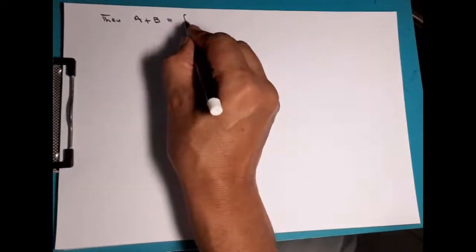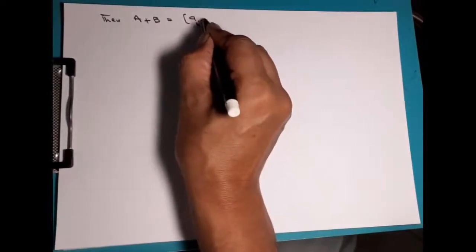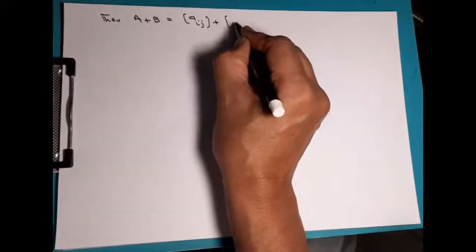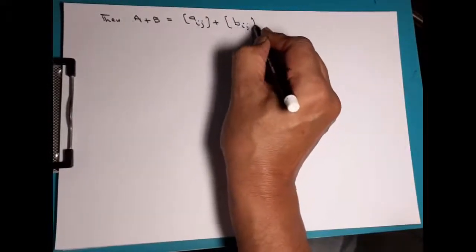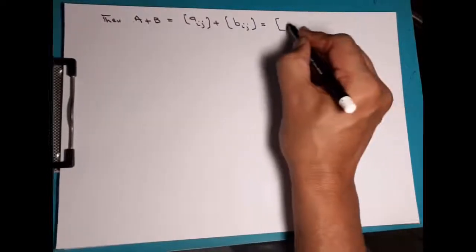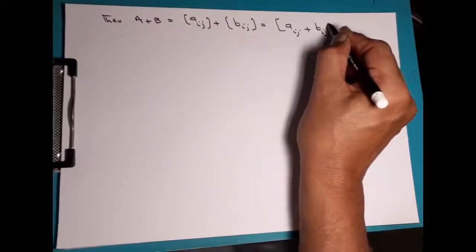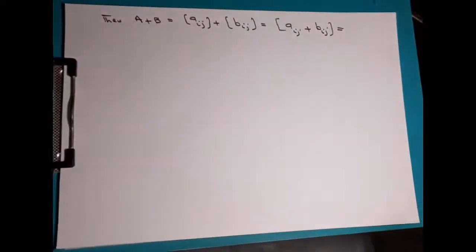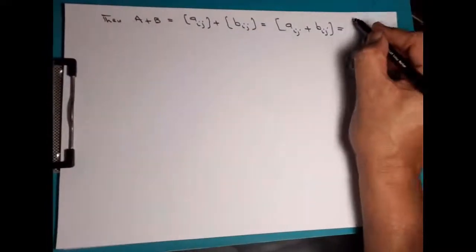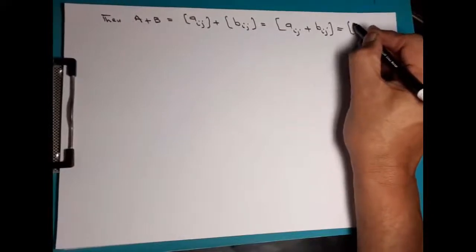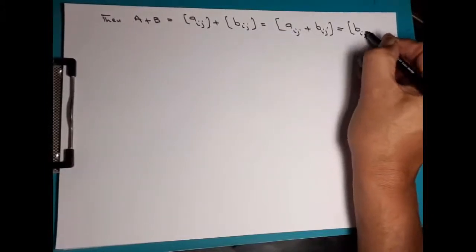Then A plus B is equal to, we are going to add matrix A with matrix B, and matrix A is Aij plus matrix B is Bij, and this is equal to, by our definition of addition, Aij plus Bij, and this is equal to, you know that in ring R addition is commutative, so Aij plus Bij can be written as Bij plus Aij.